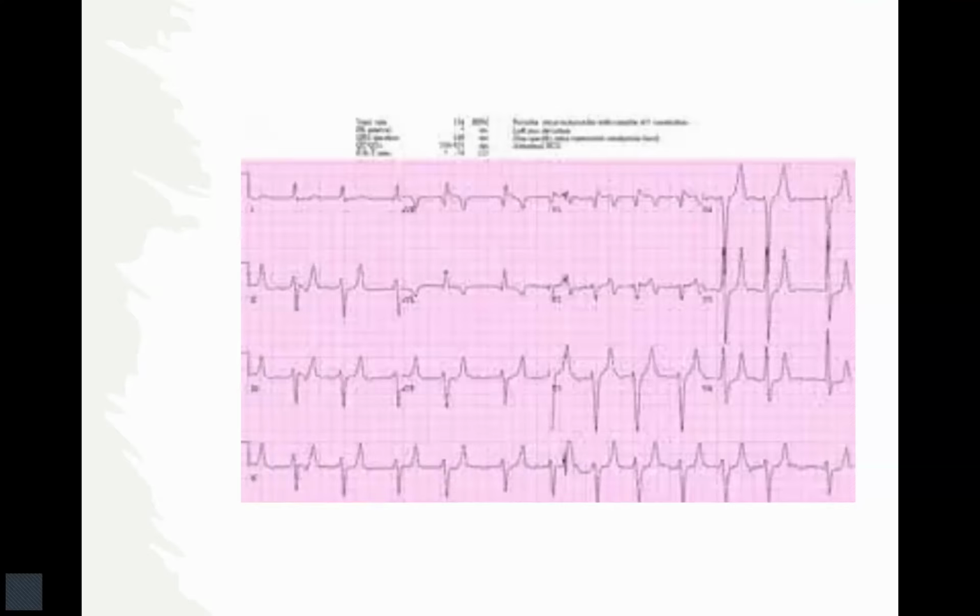And if you look at aVR, it's actually inverted as well. I put this tracing up because it's still a hyperkalemic EKG, but don't get too thrown off by the fact that hyperacute T waves don't 100% show up in all the leads. But you can see in this EKG the predominance is those really high hyperacute T waves.